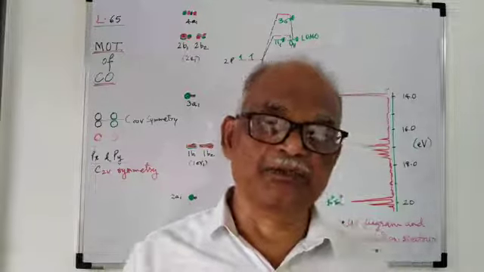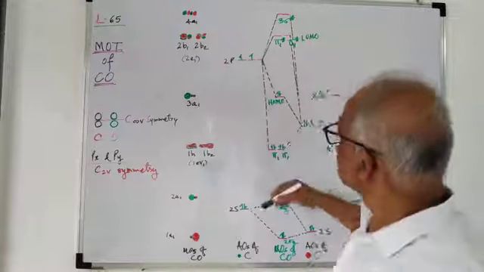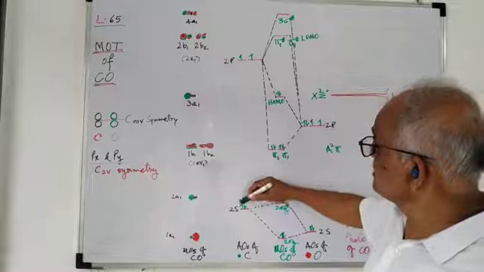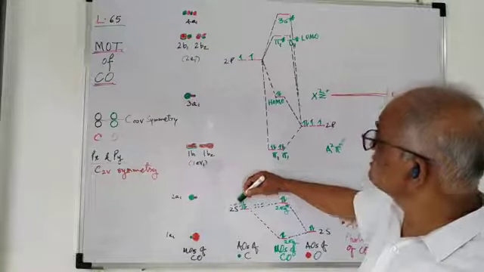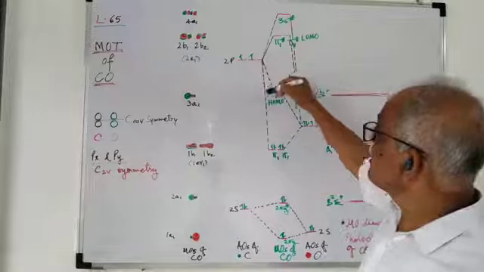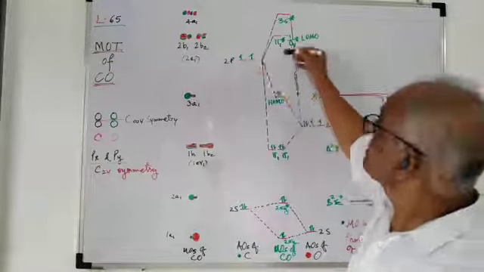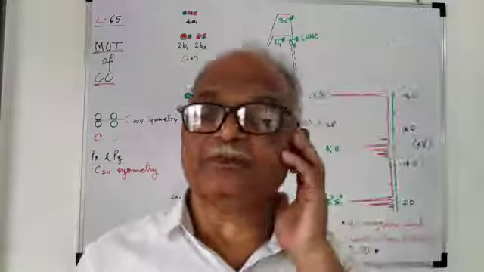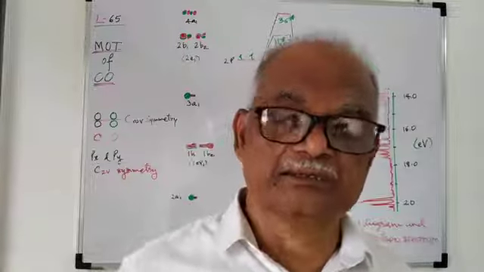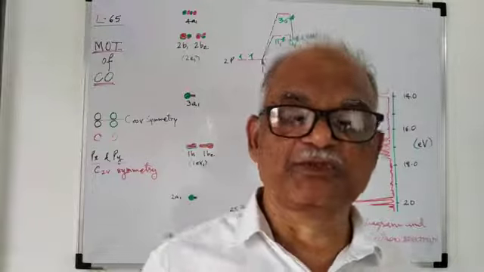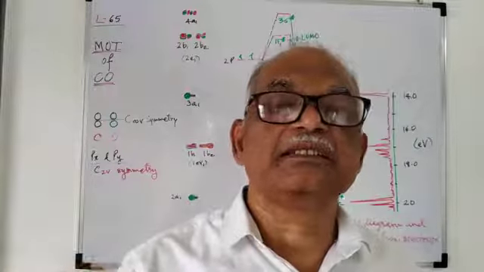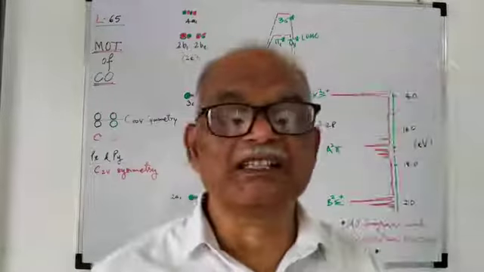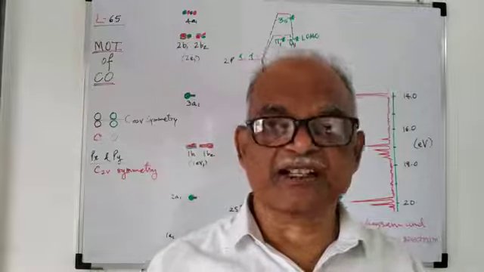Further, we should know that when we consider the various molecular orbitals of s nature, like 2s, 3s, and of p nature, like 2p, they are expected to interact with each other.